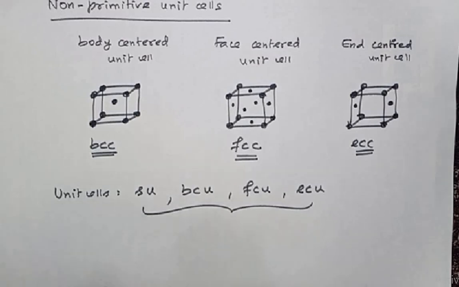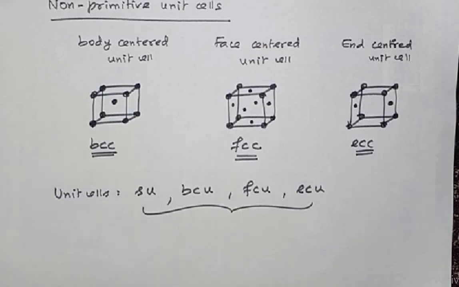And a scientist, Bravais, finally found that 14 different types of crystals exist in nature, based on the presence of primitive as well as non-primitive unit cells. Based on these, he analyzed different crystals and found that there are 14 different types.